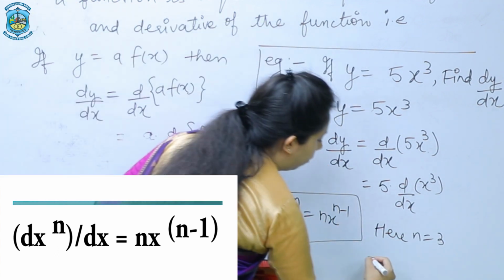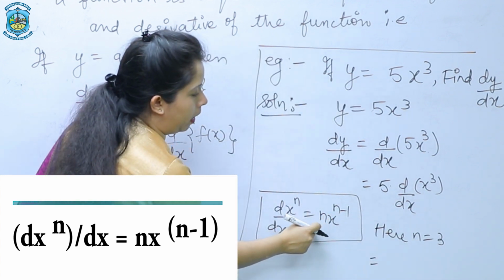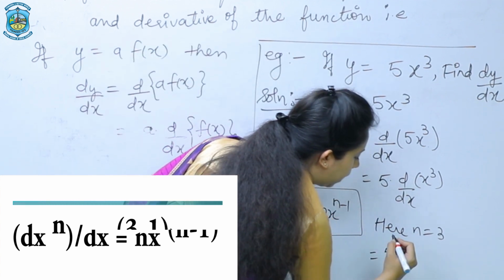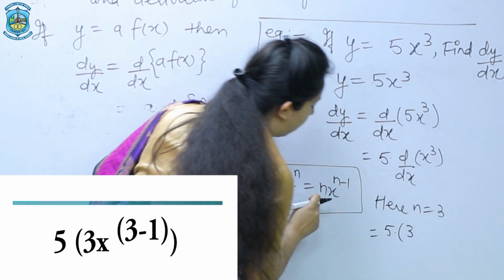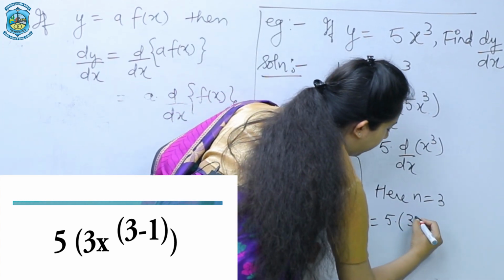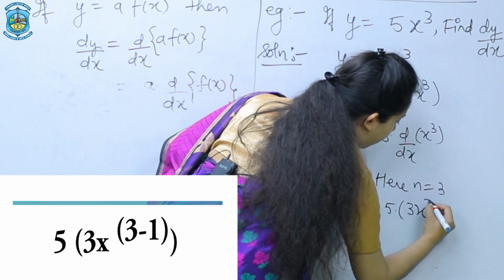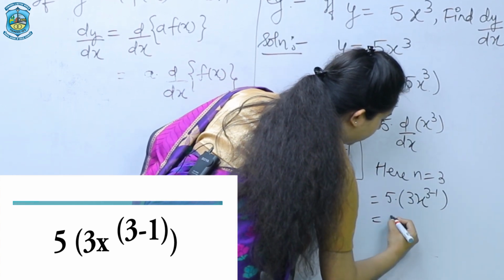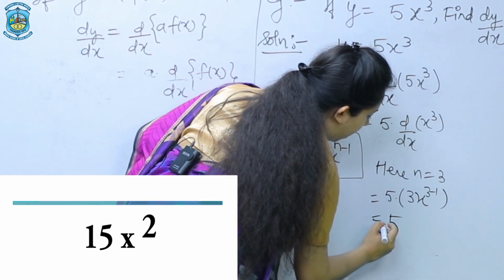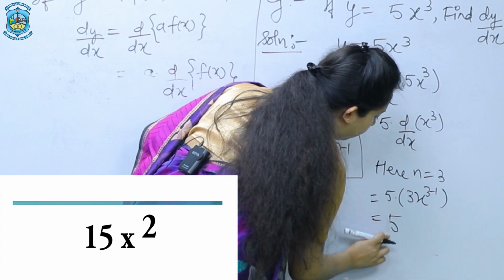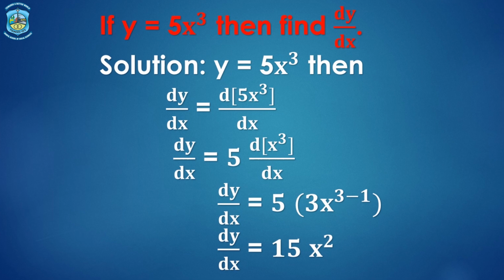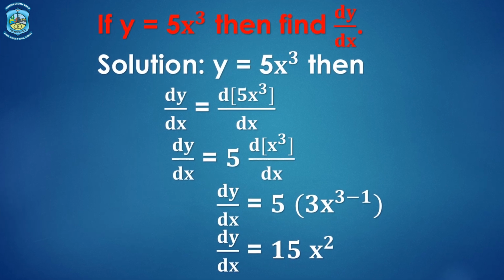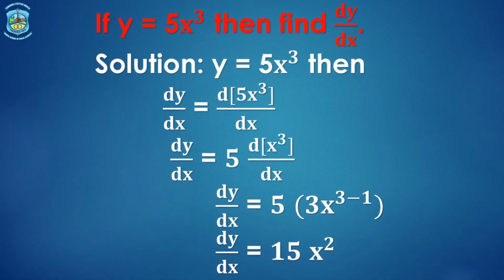Now, substitute the value of n in the formula. Here 5 is multiplied already. So, you have to put n over here. That will be 3 x raised to the power 3 minus 1, and 5 into 3 will become 15. This will become 15 multiplied by x raised to the power 3 minus 1, and 3 minus 1 is 2. So the value of this derivative is 15x square.